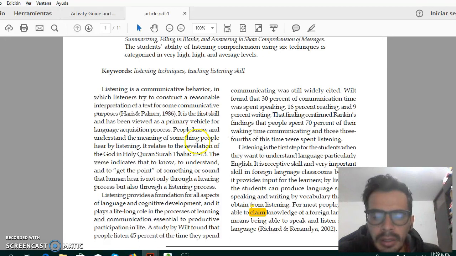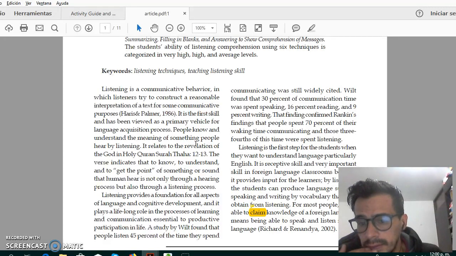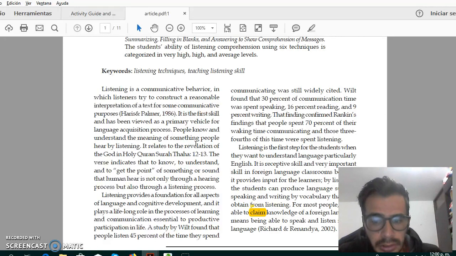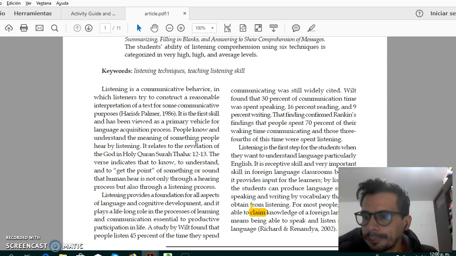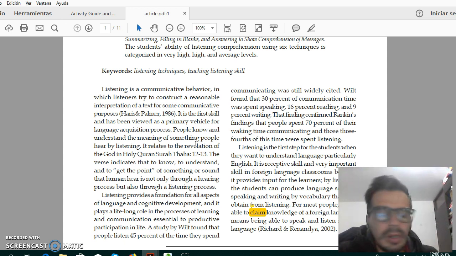The writer also recognizes that this ability, listening skill, is the most complicated because it needs so much time for practice and for developing this ability.